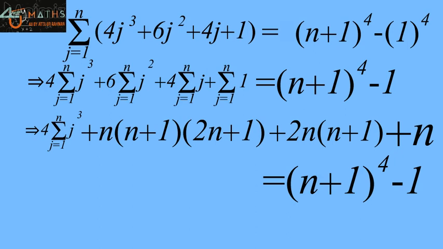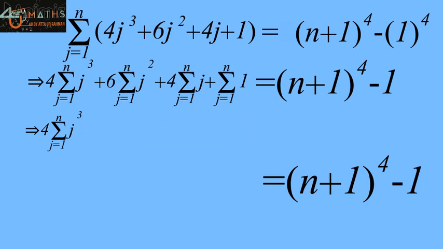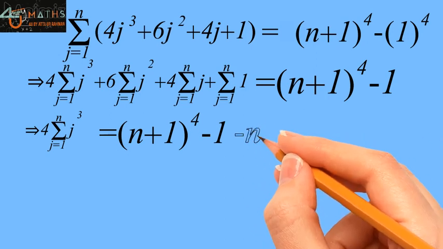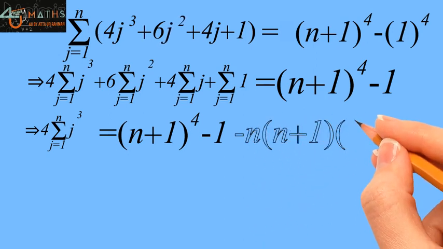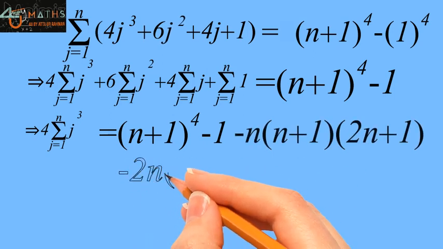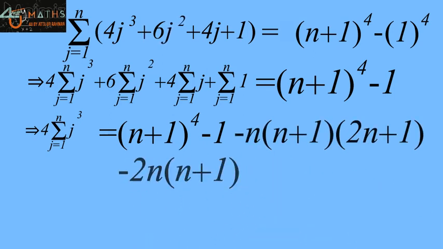So we have 4 times summation j equal to 1 up to n of j cube is equal to (n plus 1) whole 4 minus 1 minus n into n plus 1 into 2n plus 1 minus 2 times n into n plus 1 minus n.